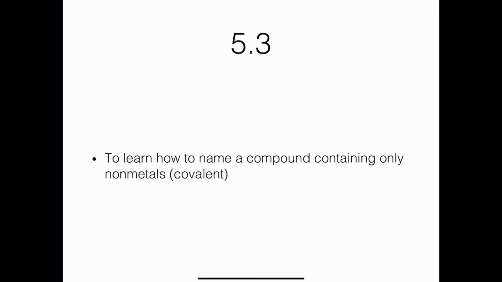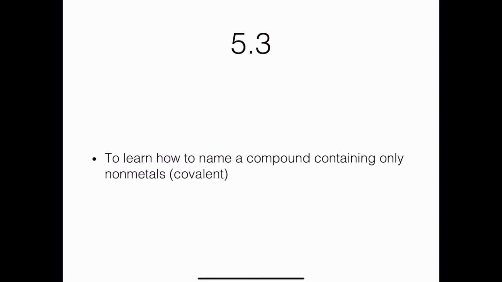For section 5.3, our aim is to learn how to name a compound containing only nonmetals. Now, this is a covalent compound. It's slightly different than ionic compounds, because remember what had to happen with ionic compounds is they had to transfer those electrons. And it's the transferring of electrons that turned them into ions in the first place, which is why we call it an ionic compound. But if we are looking at a covalent compound, this is a sharing of electrons.